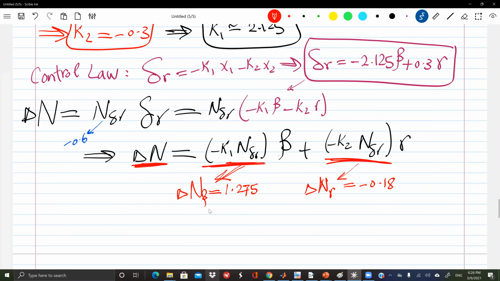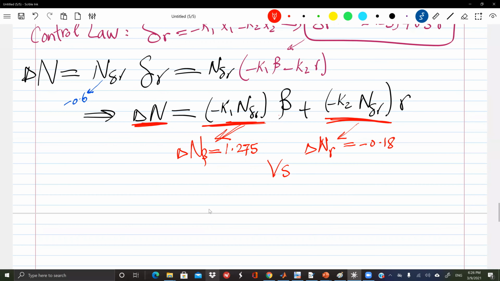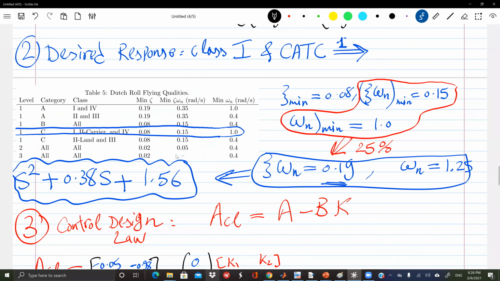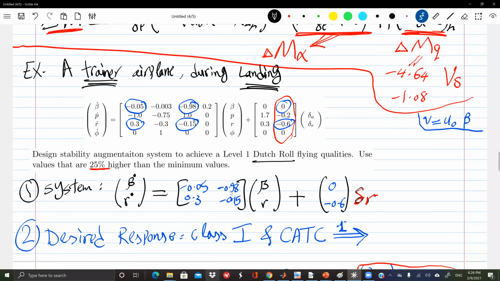And let's compare versus the old values for N beta and N_R. Can you give me N beta from here? What is N beta, either from this system or that system? Anyone can give N beta? 0.3, yes.